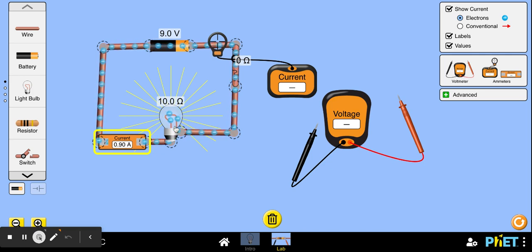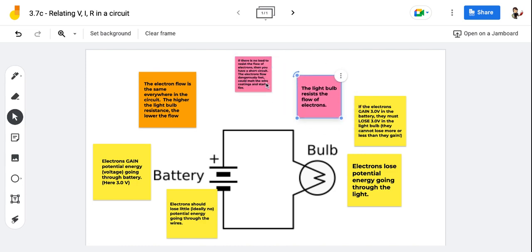A motor would convert that electricity into movement. So whatever your load is, it's resisting the motion of the electrons and converting it into another form of energy. And I'll just update that on my Jamboard. And your resistance, you can see in this simulation, if you click values, it'll put the resistance on. On my Jamboard, the light bulb is what is resisting the flow of electrons.